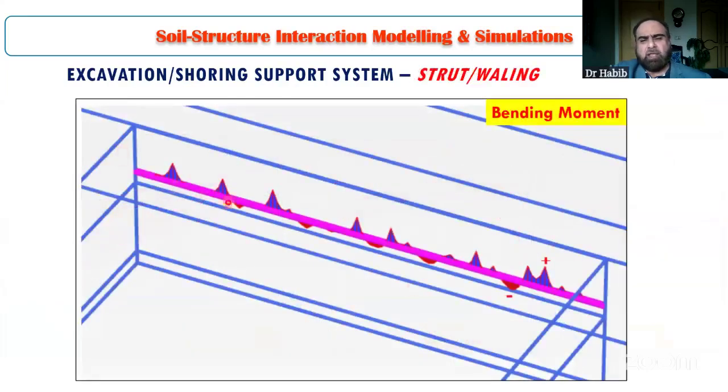Even in the walling, we can have bending moments. And this will be there after all our requirements are met. For example, there could be a stringent requirement on the structure side, and there could be a relaxed requirement on the other side. This is how we can economize the systems.